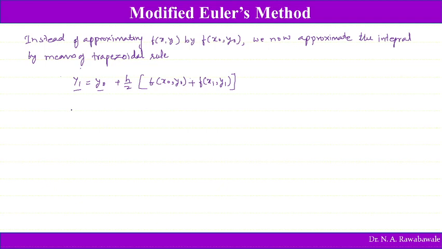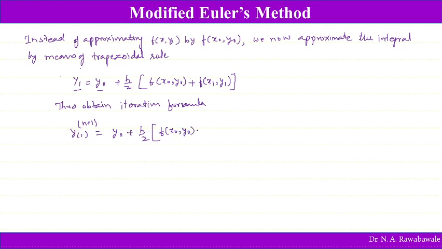So thus we can obtain the iteration formula in general as y1 (n plus 1) iteration is equal to y naught plus h by 2 bracket f of x naught comma y naught plus f of x1 comma y1 nth iteration.